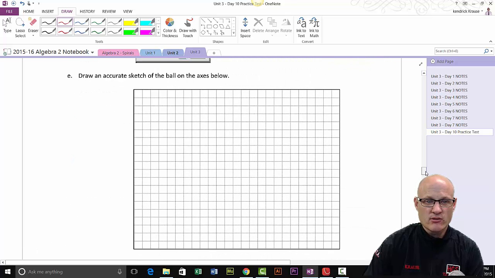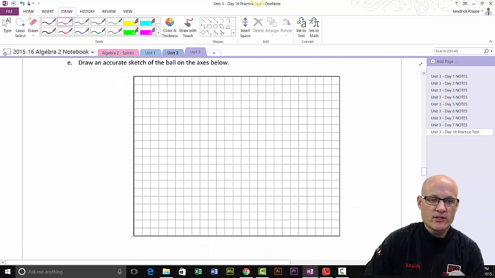All right, so now we're going to graph it. I'm going to get some data points in there. So 0 and 0. I got to get to at least 200. 20, 40, 60, 80, 100, maybe 110, 120, 140, 160, 180, 200, 220, 240.